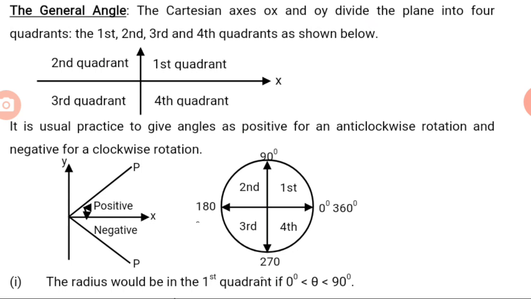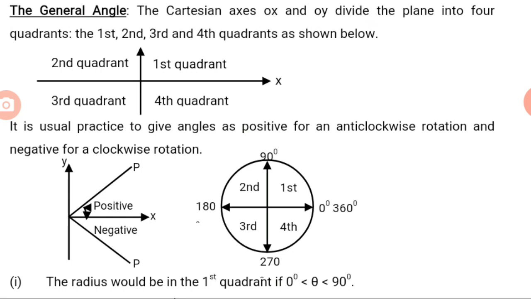From X to P is positive. That is the anti-clockwise. But from X to P one, down here, is negative. That is the clockwise. So it is positive in anti-clockwise and negative in clockwise.